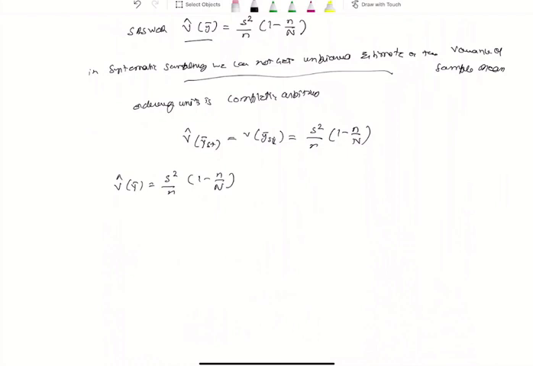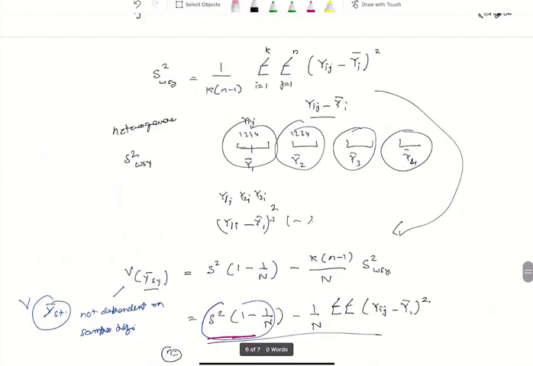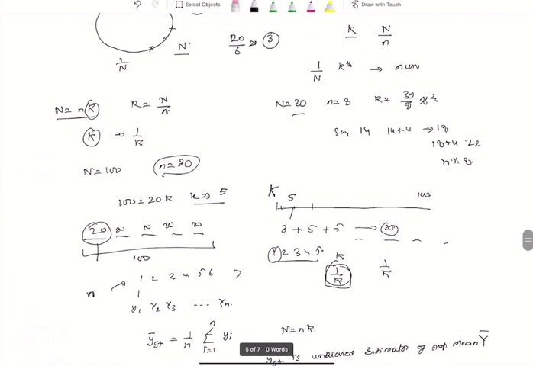The problem is the small s square here is 1 upon n minus 1 times the sum of yi minus y bar square, right? But in systematic sampling, we had talked way back earlier that n is actually 1.